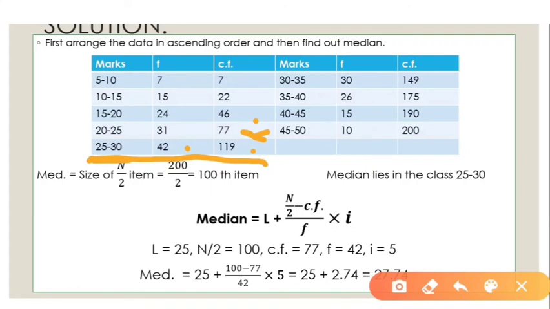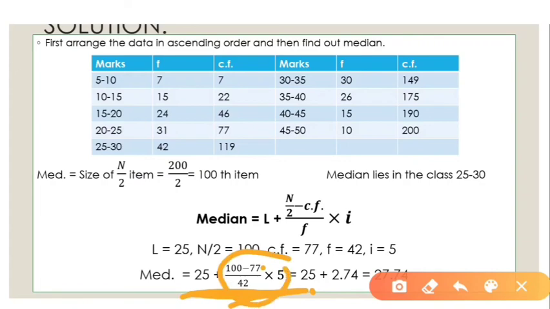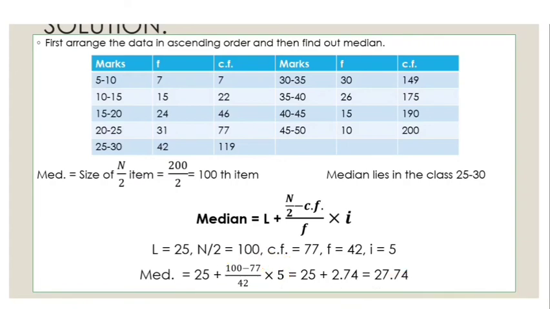So after this we'll put the values in the given formula. First of all we'll subtract and divide, then 25 as it is. After solving this part we get 2.74. Then we add these, and you get the required median as 27.74.